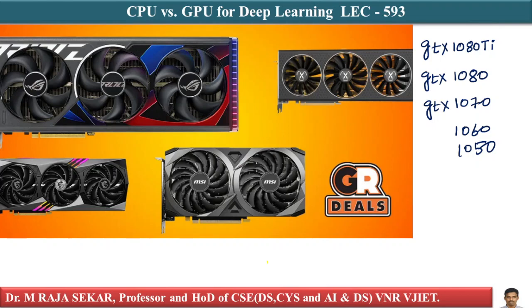I think the GTX 1080 Ti has 11 GB of VRAM, if I am not wrong. Just check this one. And this GTX 1080 has 8 GB of VRAM.